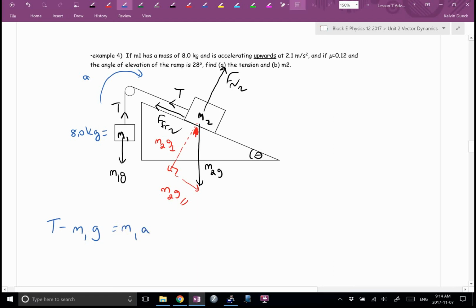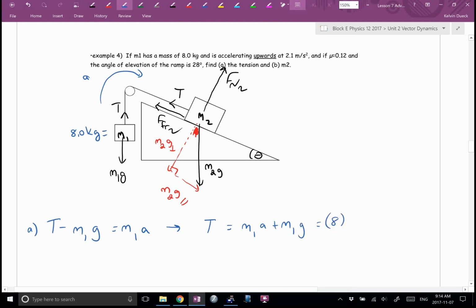What can this help us find? I think this can help us find the tension, which is what part A wanted us to. So, oh, cool. Okay. Tension is going to be M1A plus M1G. It's going to be 8.